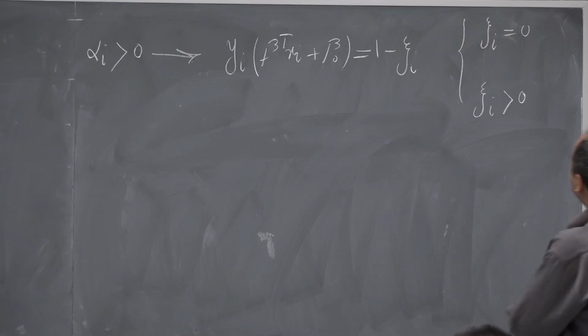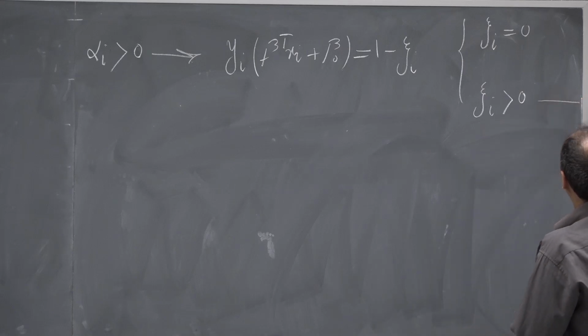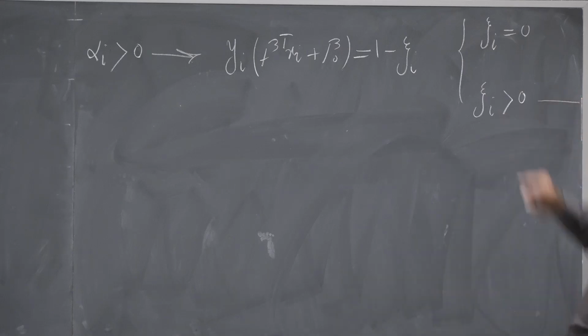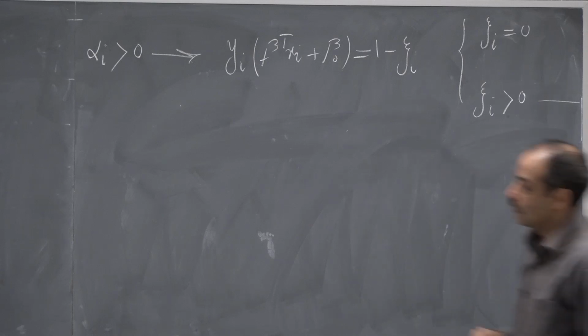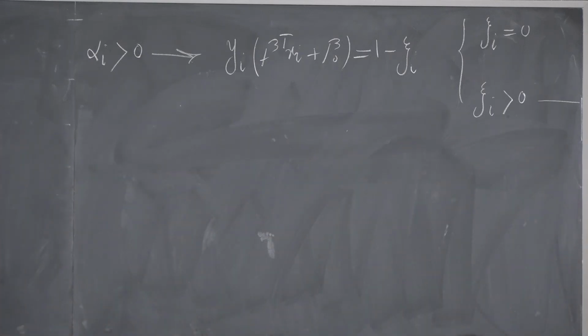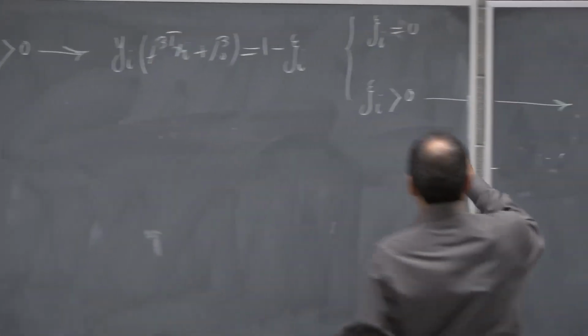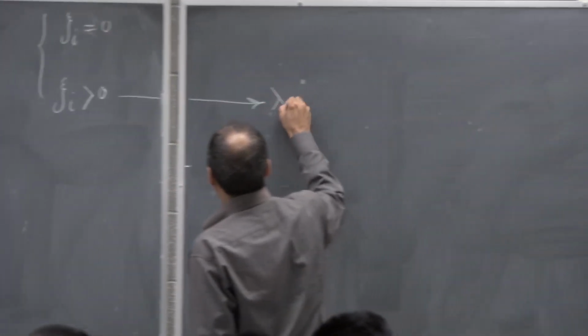Let me start from this one. If zeta I is greater than 0, what can I say about lambda? It's 0, right? So if zeta I is greater than 0, it means that lambda I is equal to 0.